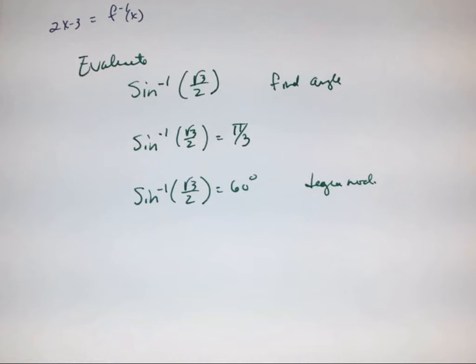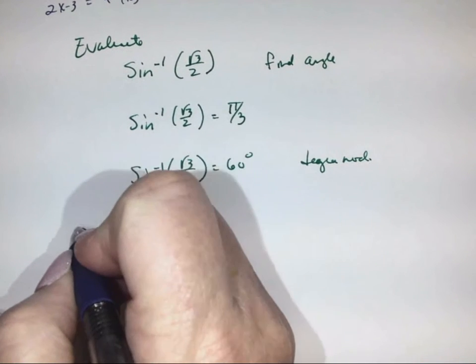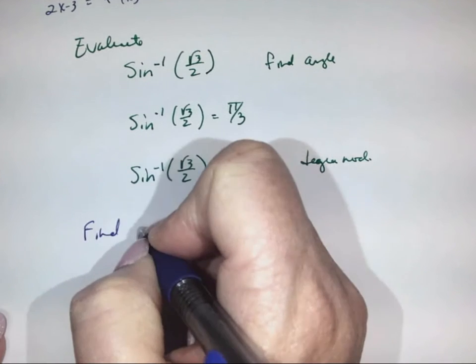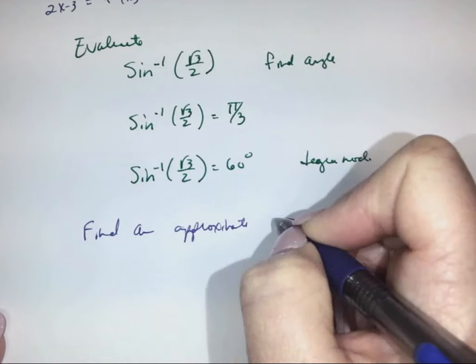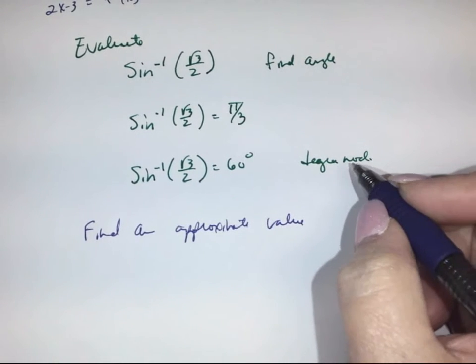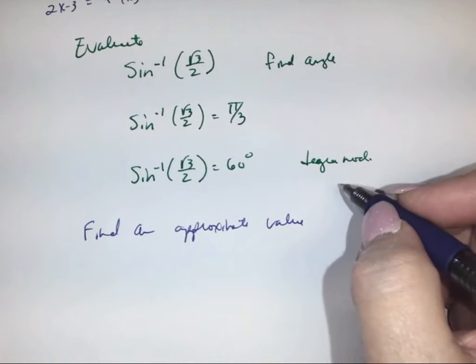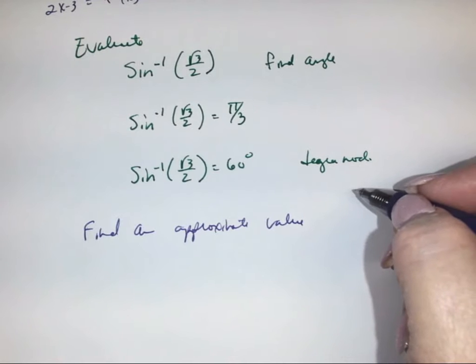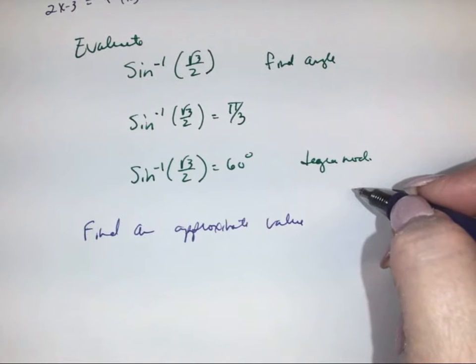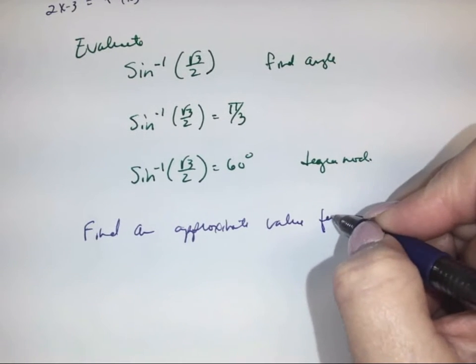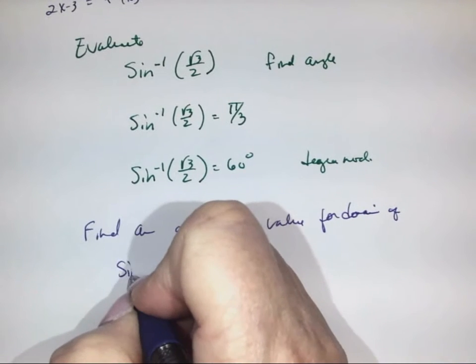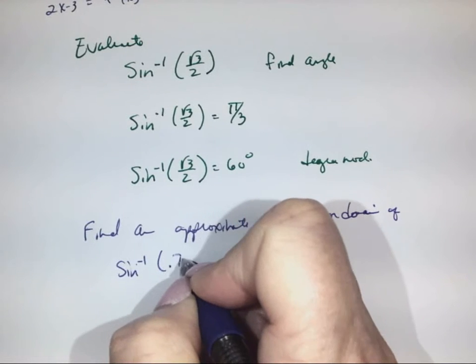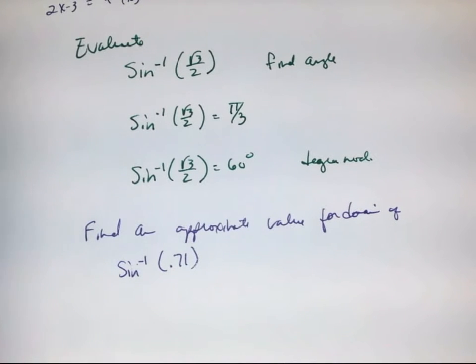Now on the next one, it is not. So we're going to find an approximate value. For the domain, the sine inverse of 0.71. So we're going to use our calculator.